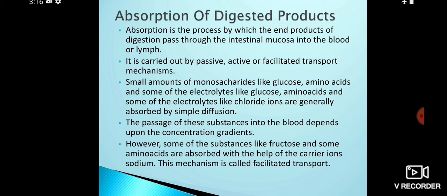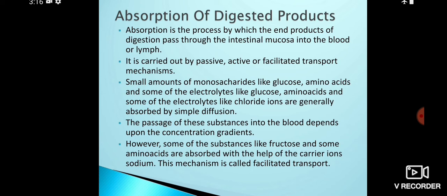There the dipeptides are completely broken down into an end product which cannot be simplified again. So the actual end product of proteins is amino acids. This amino acid is considered the end product of protein digestion.